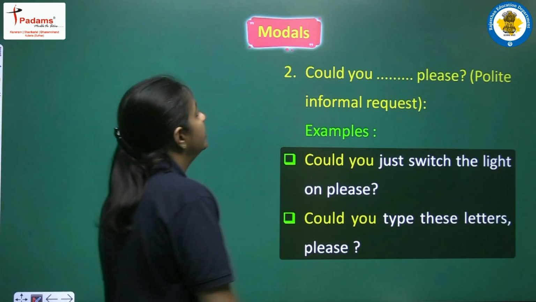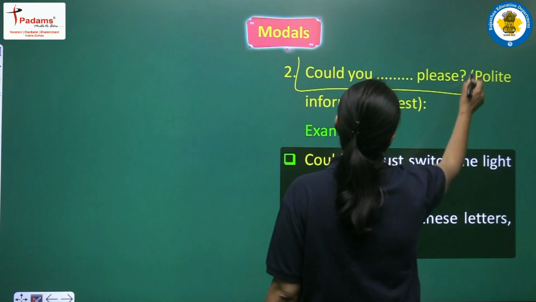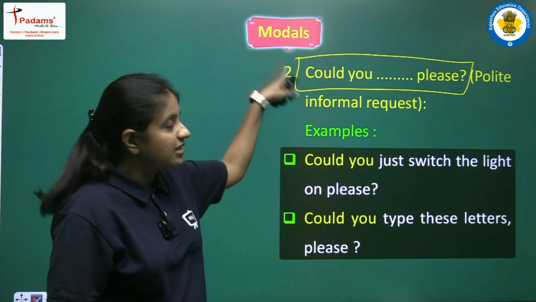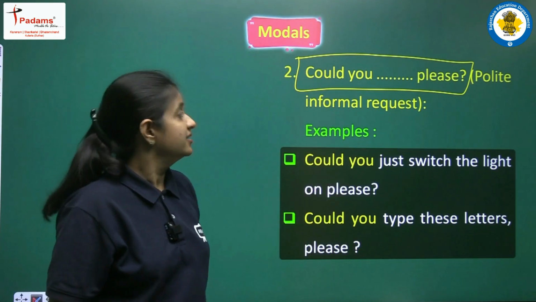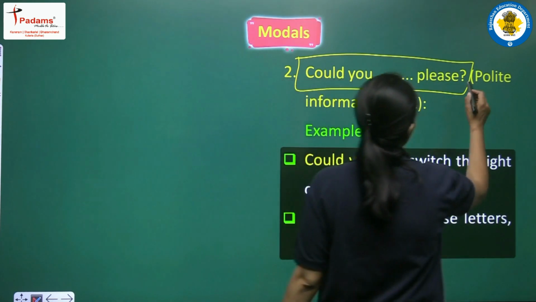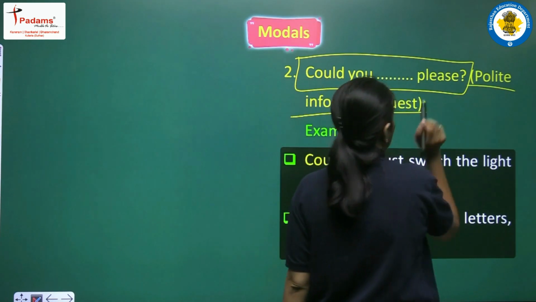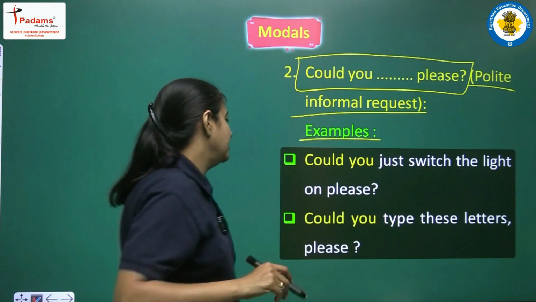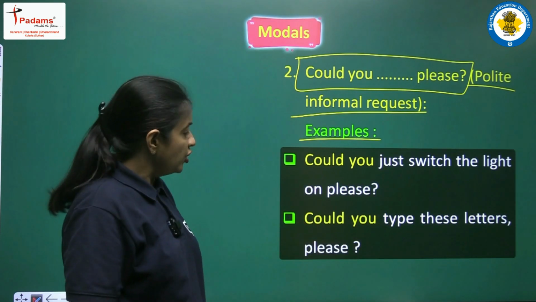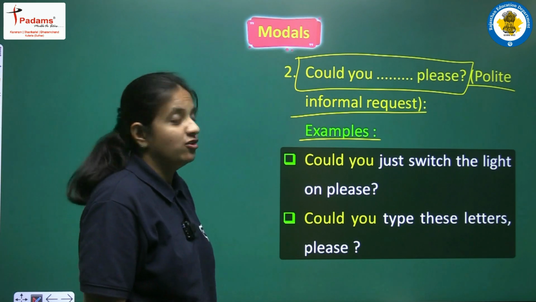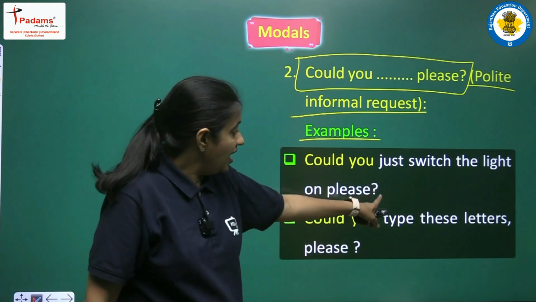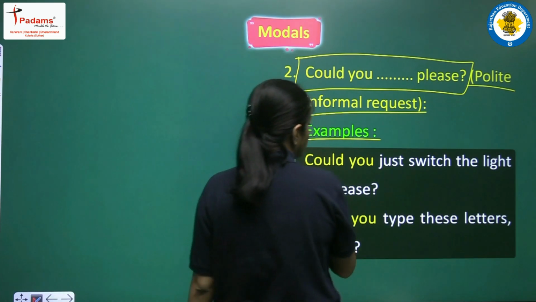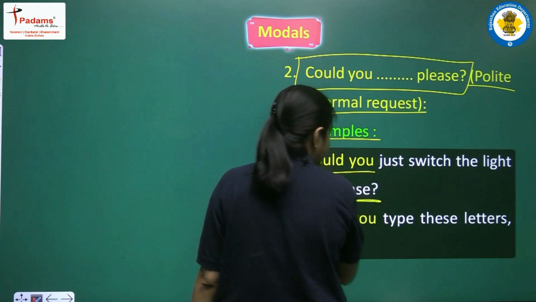So let's see. Could you please? This is the structure of a sentence. If we are having this kind of a structure in a sentence, then such a sentence shows a polite informal request. Let's see the examples. First example is, could you just switch the light on please? Yes, we are having an interrogative sentence here, but we are having could you and we are having please also.